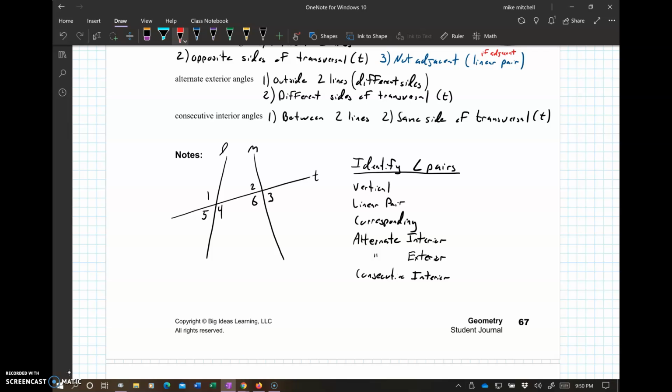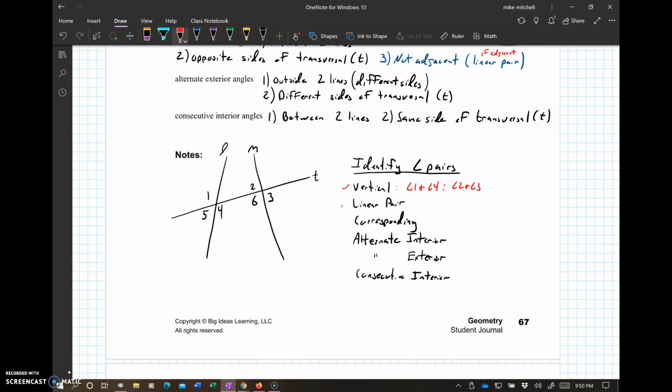Pause it, try to answer it. Okay, thank you for pausing it. This is angle 1 and angle 4 are vertical. I'd also have angle 2 and angle 3. So we still have the old angle pairs. Even though we have these new ones, you still have vertical angles and linear pairs.